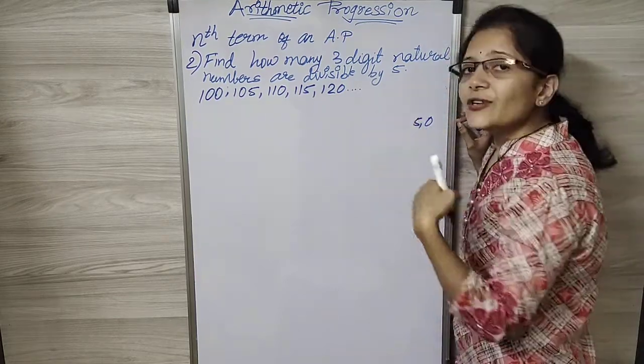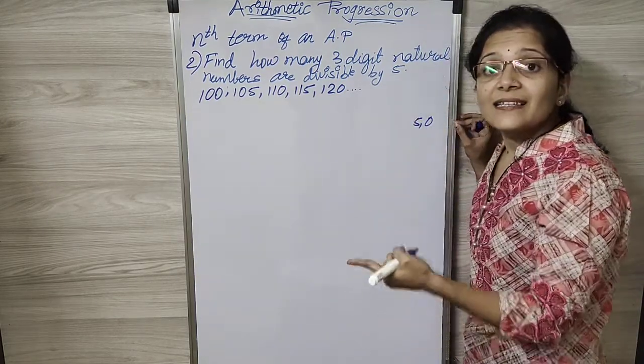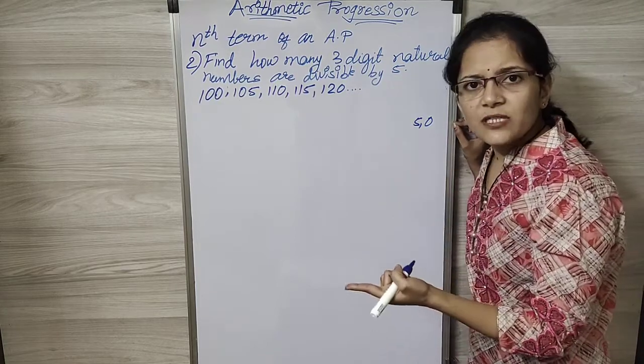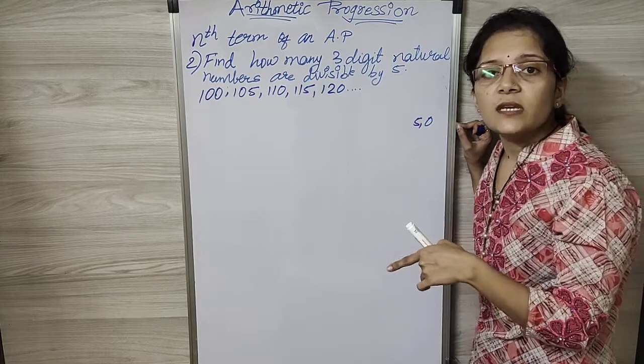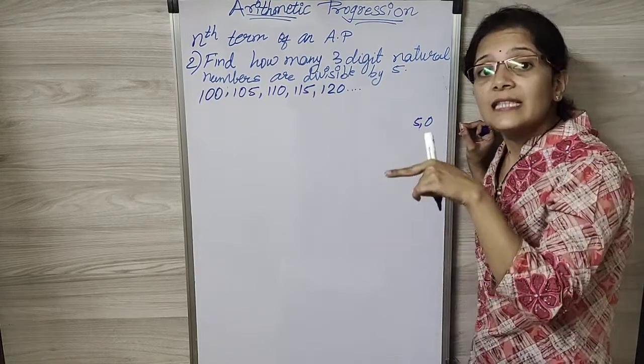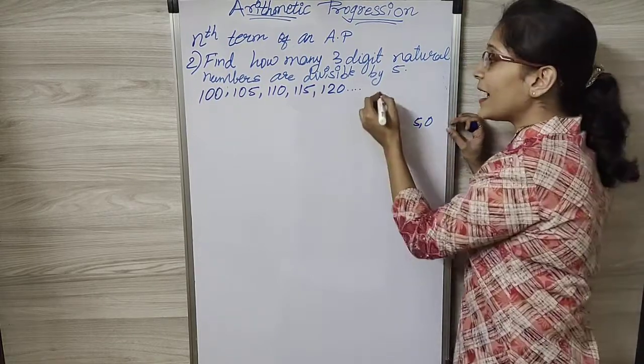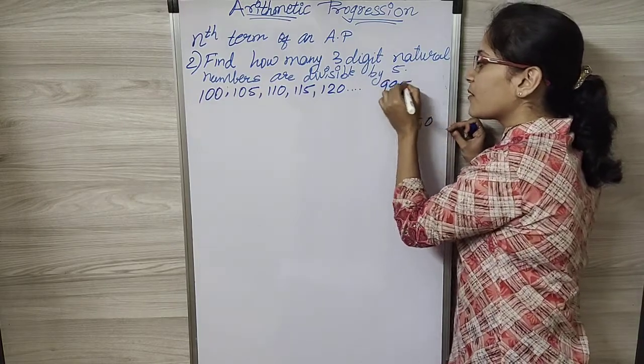So, which is the last 3-digit number? That is 999. But is 999 divisible by 5? Obviously not. So, what is the last 3-digit number which is divisible by 5? It is 995.